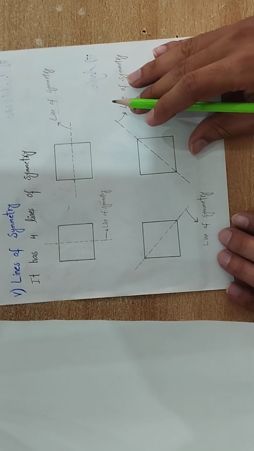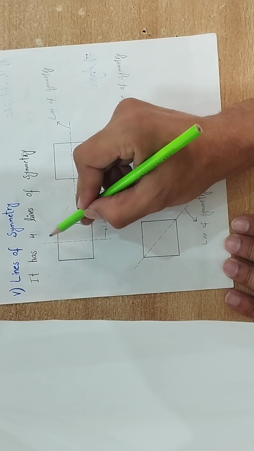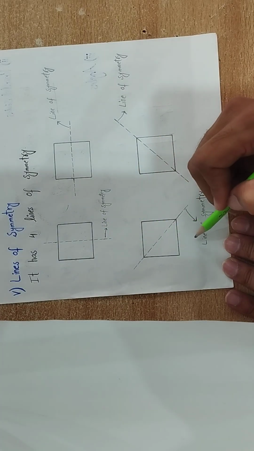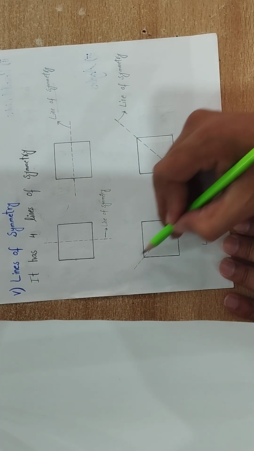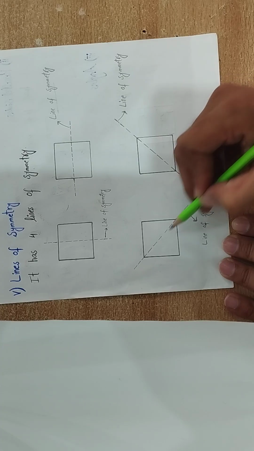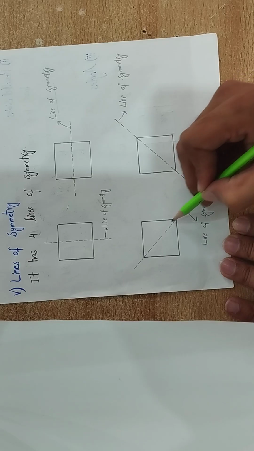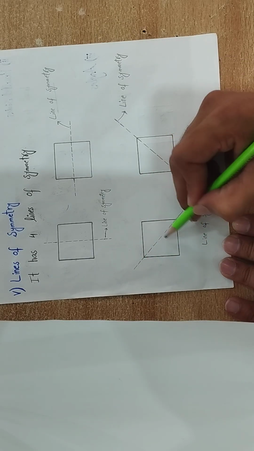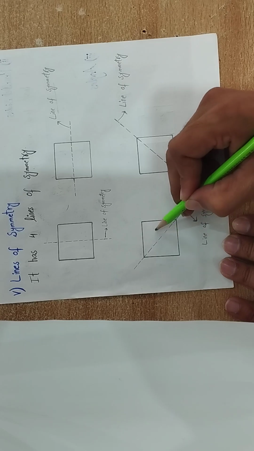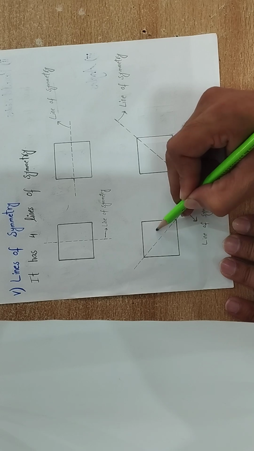Now let's see how we can draw another line of symmetry in the square, because it has four lines of symmetry. We can draw a line of symmetry in the square diagonal-wise. The diagonal of the square acts as a line of symmetry as well. You can see this dotted line dividing this square into exactly two equal shapes, looking like mirror images of each other.